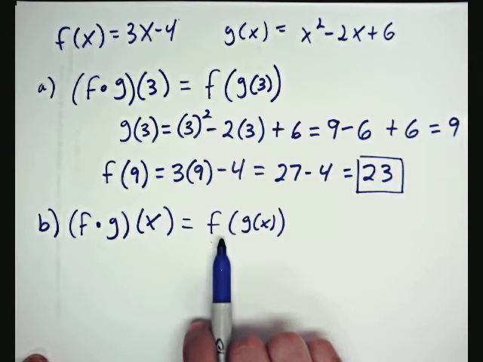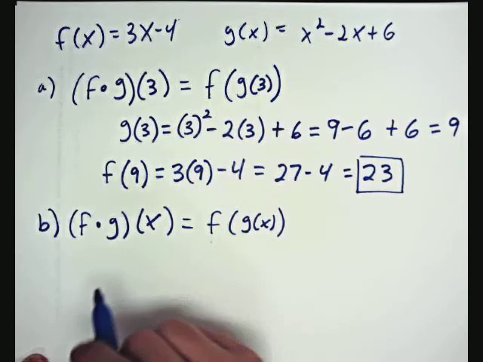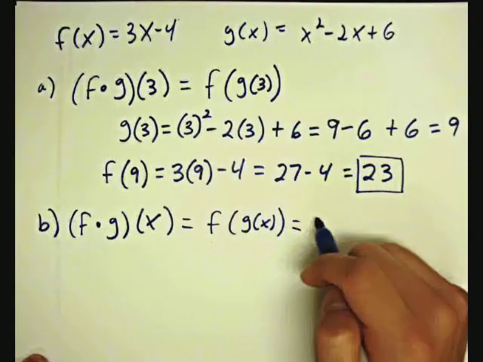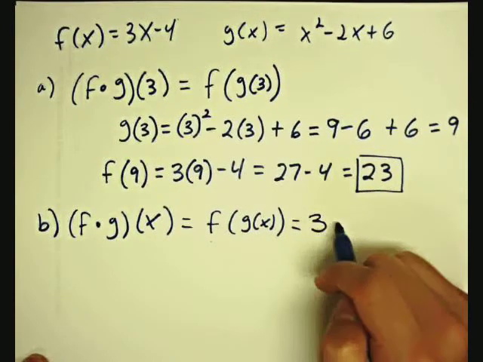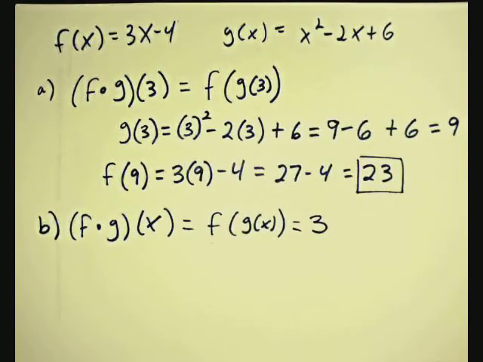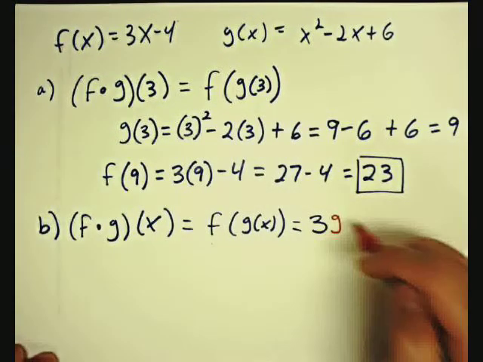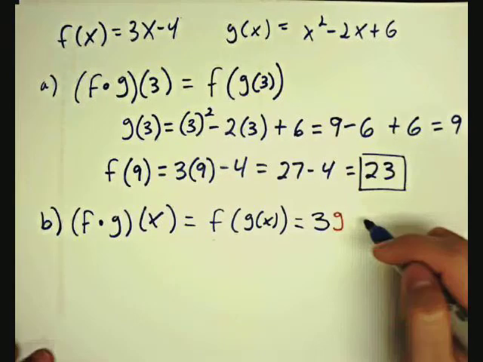Okay, so what we want to do is take the function f, 3x minus 4, and everywhere there is an x, we want to input the function g. So instead of 3x, 3g minus 4.